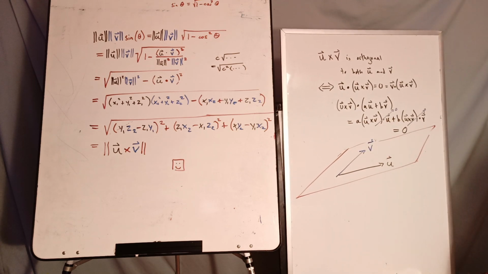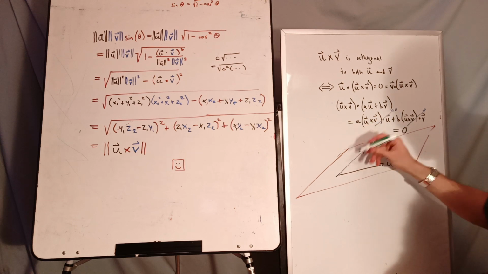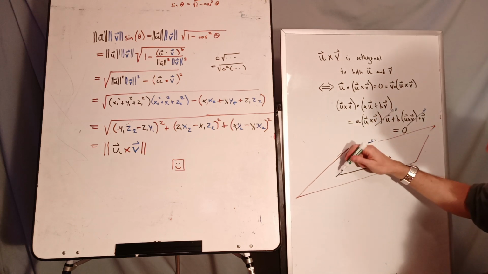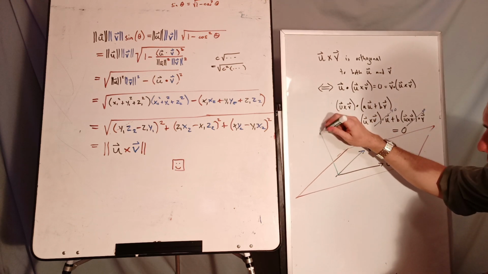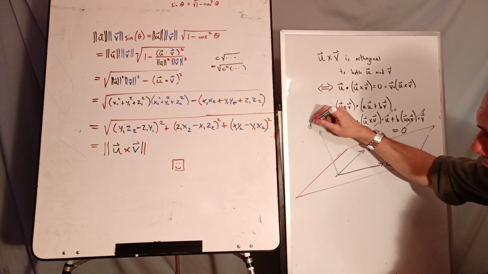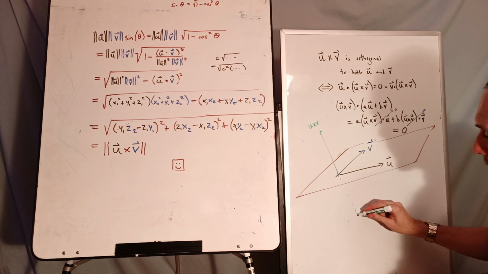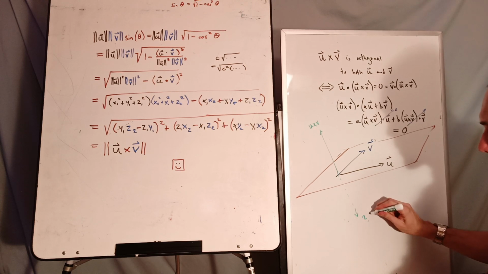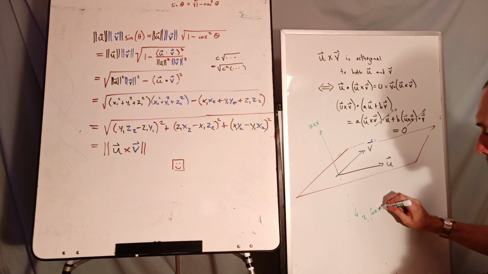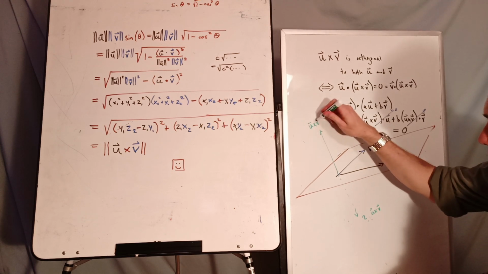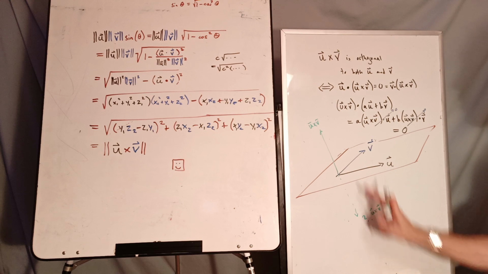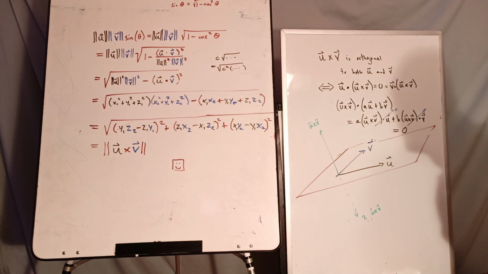Then where does n go, or where is the cross product directed? Well, it's either this way, or, well, there's another option. Is it this way? Is that u cross v? Both of those would be orthogonal to the plane, right?